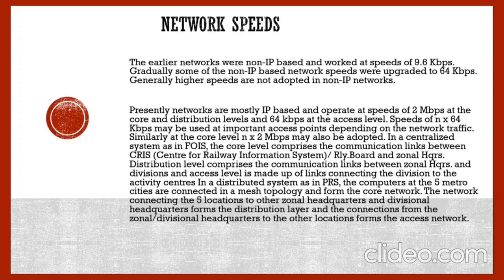Now I will not go into much detail about network speed, because it is changing currently, as we are getting very high speeds, and this is a bit of an old document released by Indian Railway.